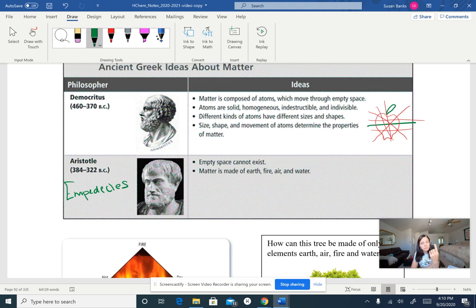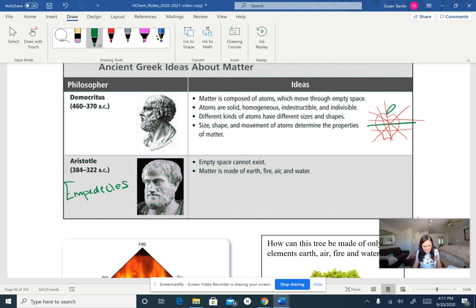We have earth, fire, air, and water. Now, those of you who like anime might notice that those are the same four elements as The Last Airbender. So guess what? The Last Airbender is not that original. They're using Aristotelian theory for the four elements.